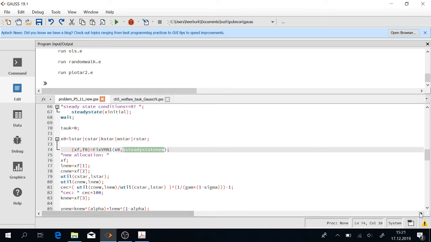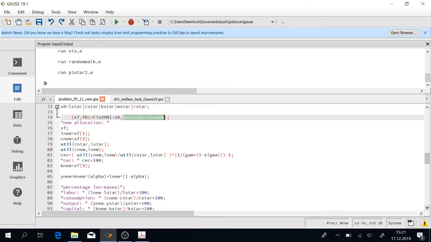We store the solution xf in the new labor supply, L new, the new consumption, C new, and further below also in the new capital stock, K new. We can then compute the new production, Y new, from the production function and report percentage changes for labor, consumption, output, and capital.